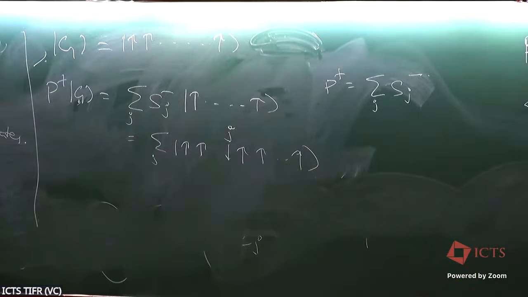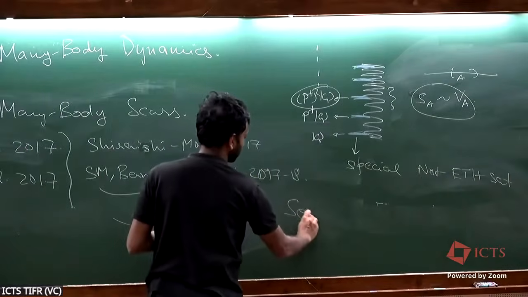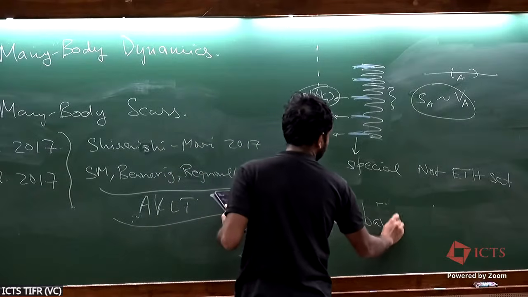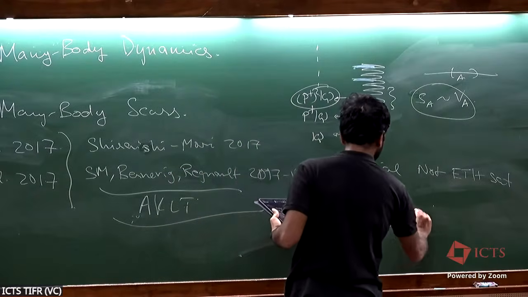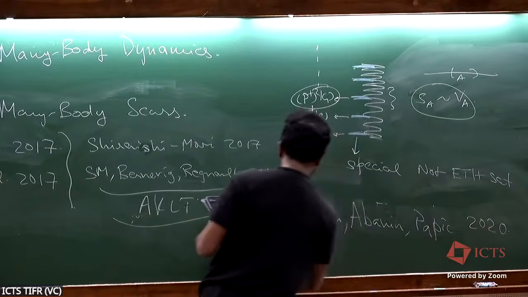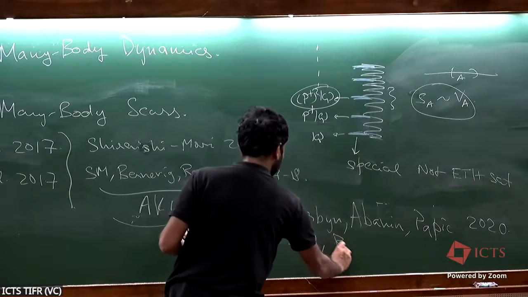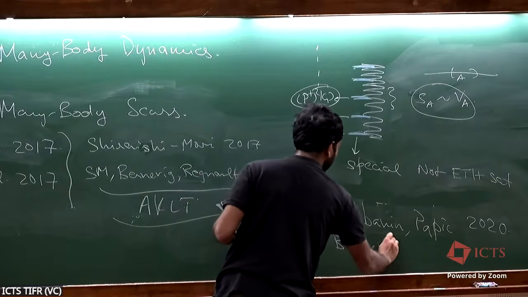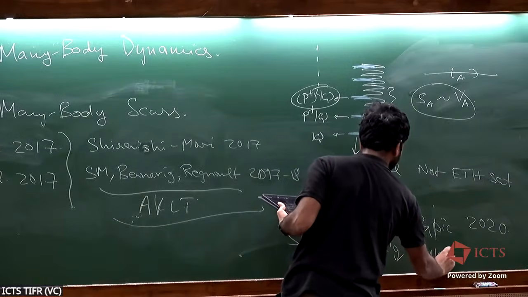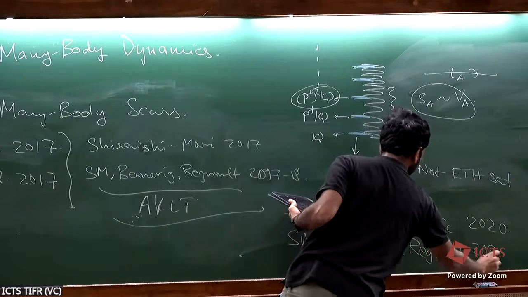There's this whole literature on scars. So these are some review articles: Serbyn, Abanin, Papić in 2020, and then one in 2021. If you want to read about the history, you can go here.